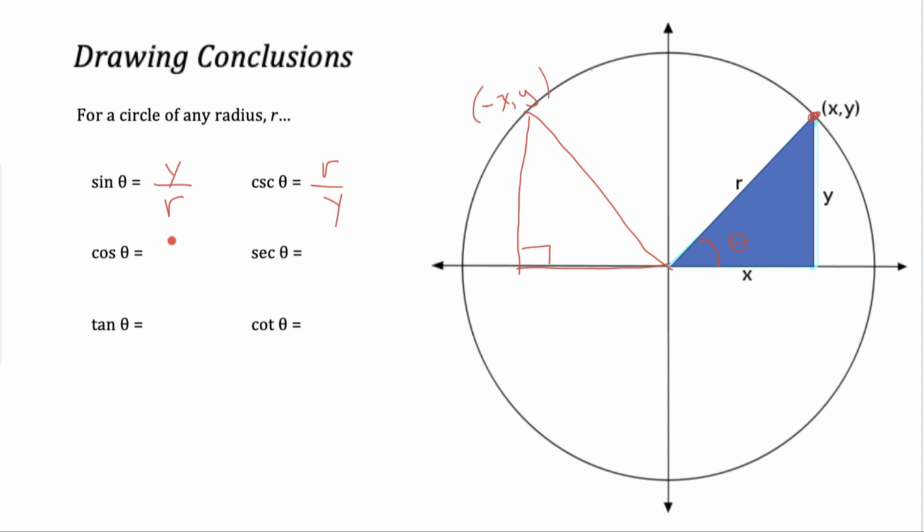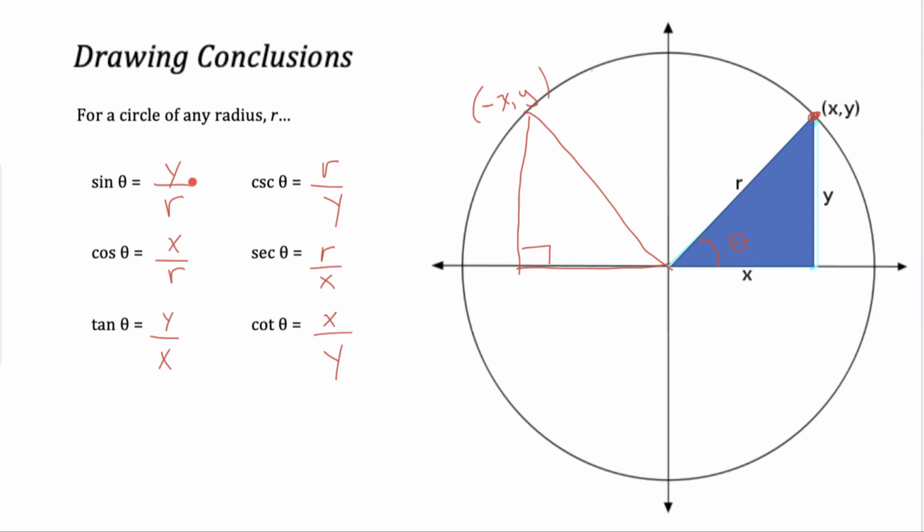Cosine is going to be x over r, right? Adjacent over hypotenuse. Secant will be r over x. Tangent, we usually think of as opposite over adjacent, while on my circle, it's just y over x, and cotangent will be x over y.